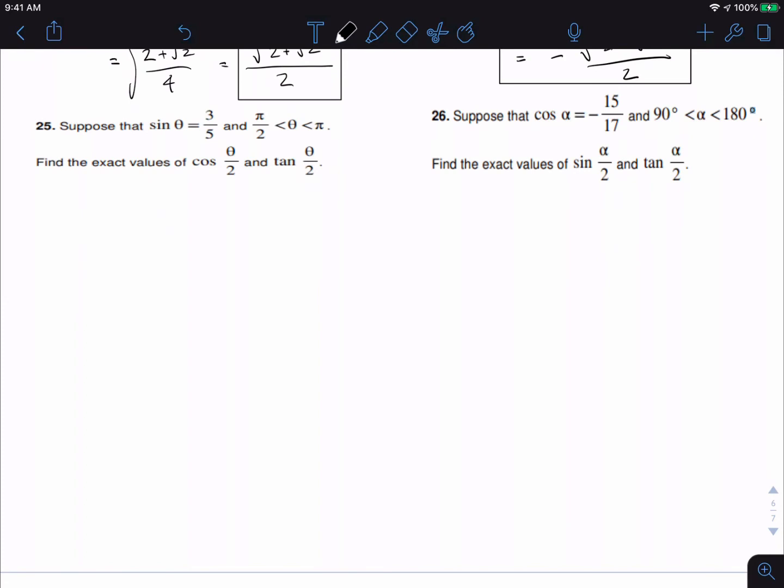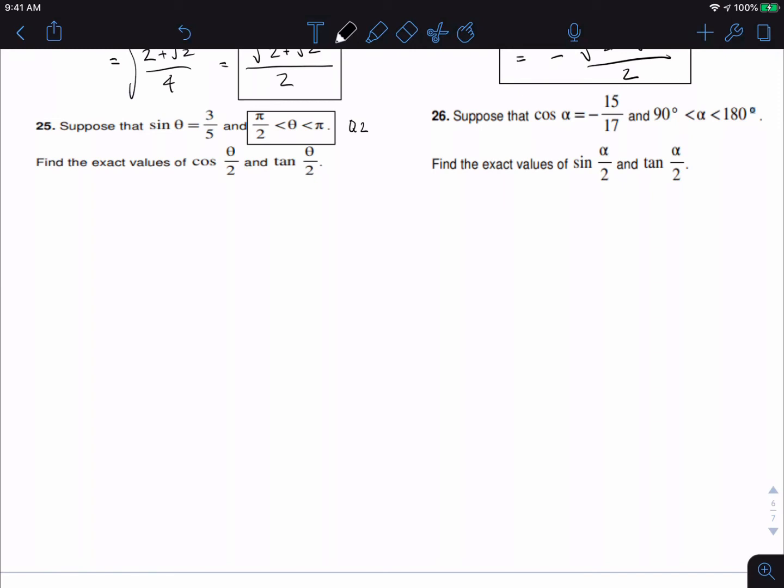And so it says, suppose that sine is equal to 3 over 5, and we're restricted to the second quadrant. This right here is giving me the domain of the angle. So this is something that's important. That right there is telling me that we are in quadrant 2, right?